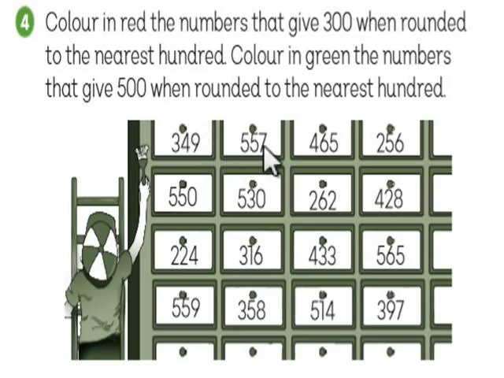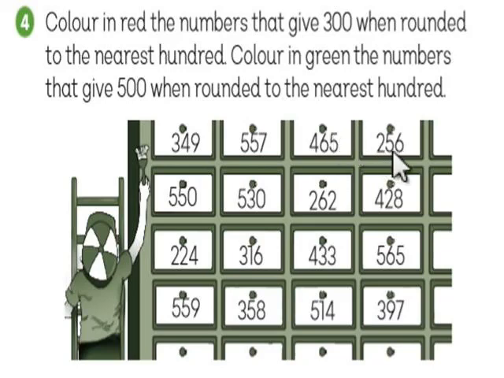How about this one? 557. Yes or no? Red, green or no? No. How about this one? 465. 465 is it 300 or 500 when we round to the nearest 100? So it is 500. So we will color green.